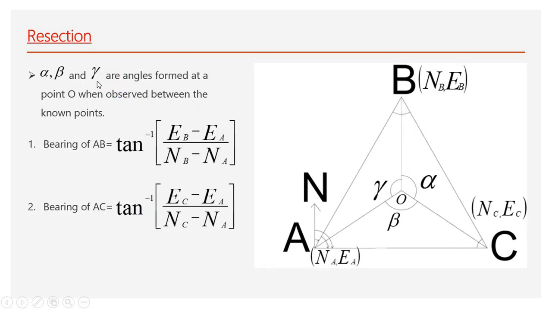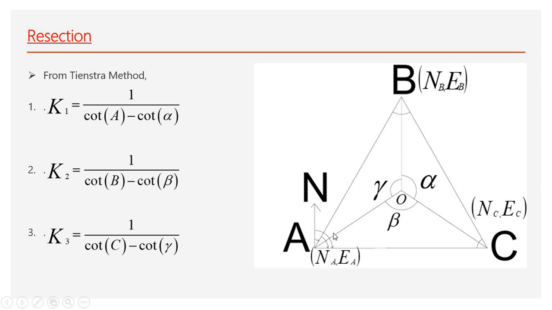Let alpha, beta and gamma be the angles formed at point O when observed between the known points, as I explained earlier. Now we will calculate the bearing of AB and bearing of AC. If you calculate the coordinate of point O using this length, then you have to calculate the bearing of these two consecutive lines.